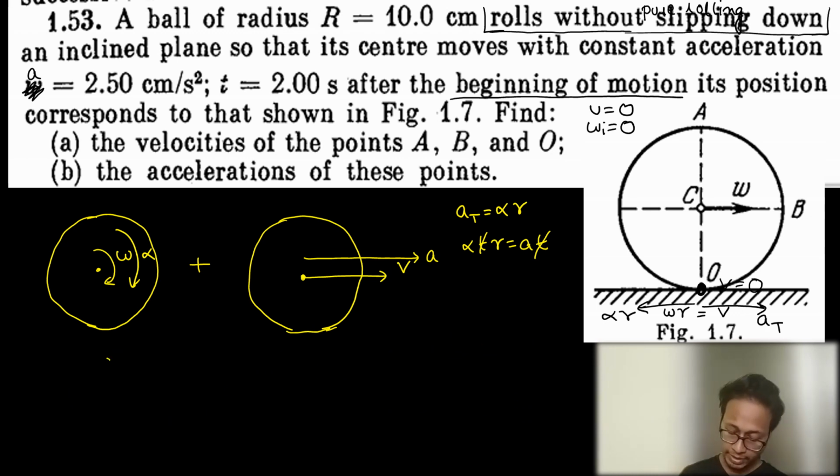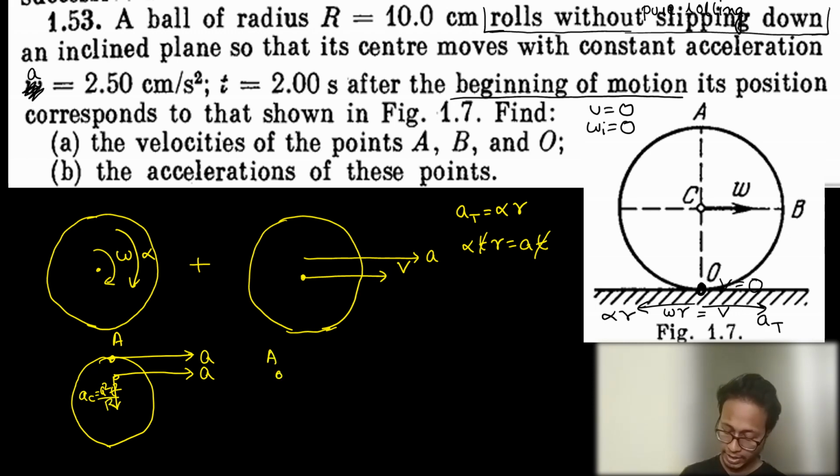Now to find the acceleration at the topmost part, point A. The acceleration due to the translational component is equal to a. The acceleration due to the rotational component is equal to alpha into r, which is also equal to a. And there is a centripetal part of the acceleration, which is equal to v square by r, or a square t square by r. So the total acceleration at point A is 2a in this direction, a plus a, and a square t square by r in this direction.